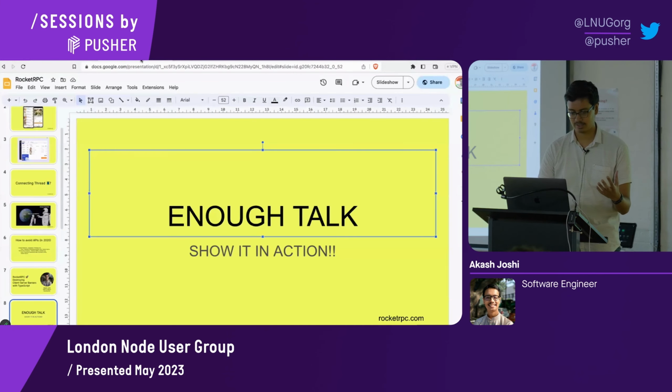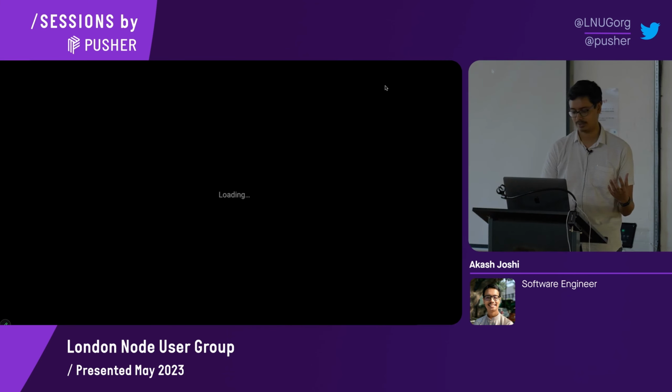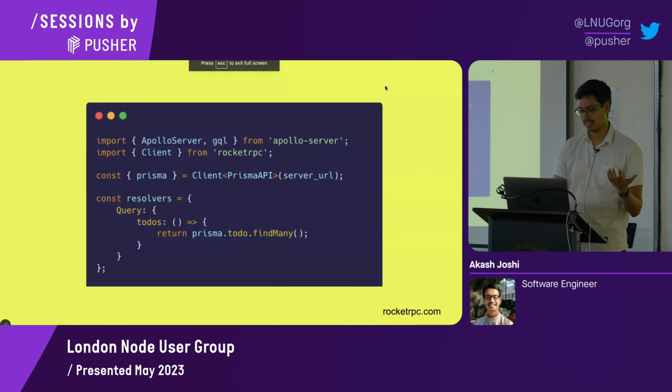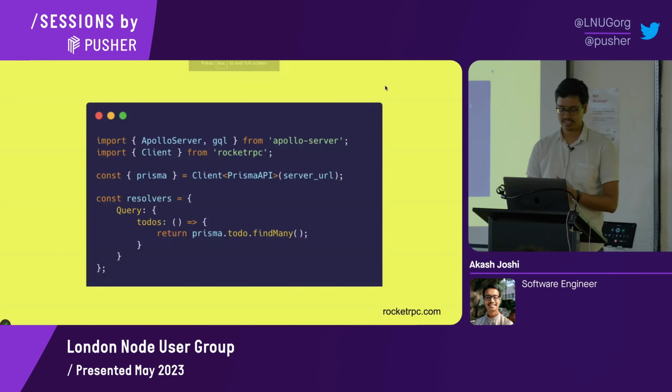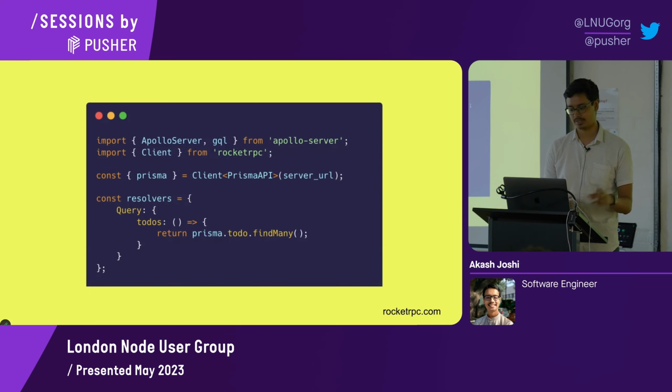But there's a lot that you can do with it, to be honest, because one of the main things that I envision it helping out with is GraphQL resolvers, or a microservice architecture without actually writing any microservices. You write servers which expose whatever method you want over RocketRPC.